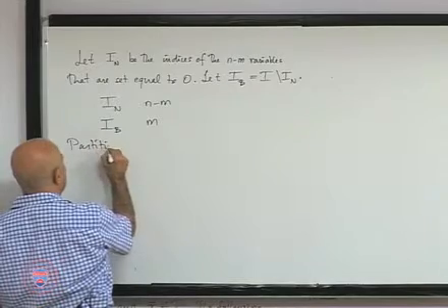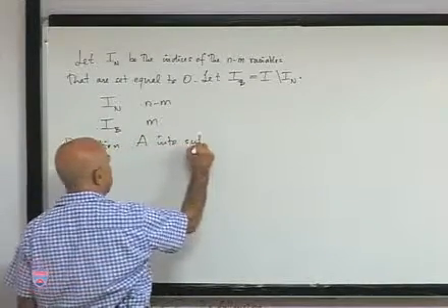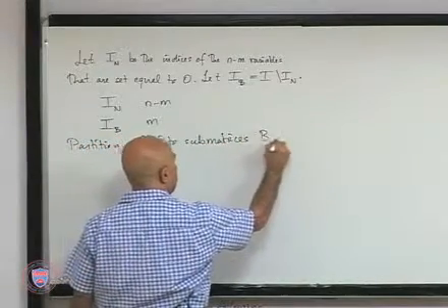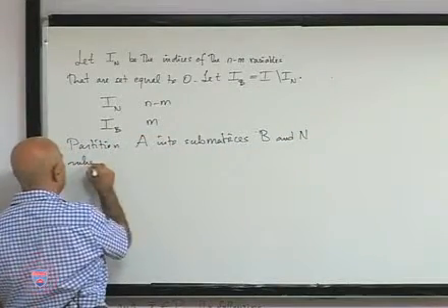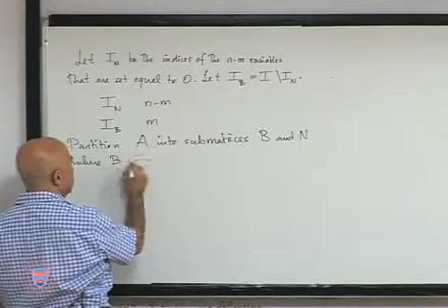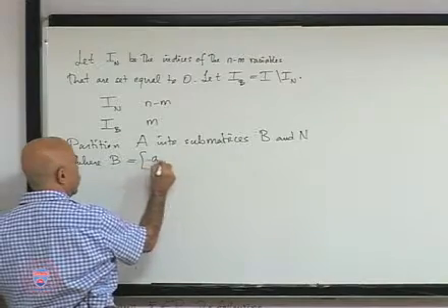Partition A into submatrices B and N, where B is the matrix consisting of those columns.